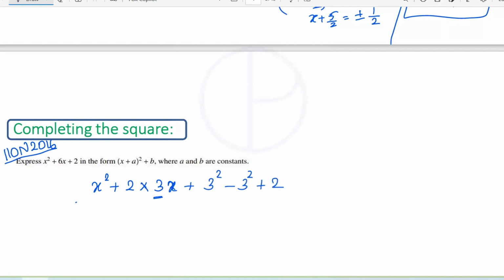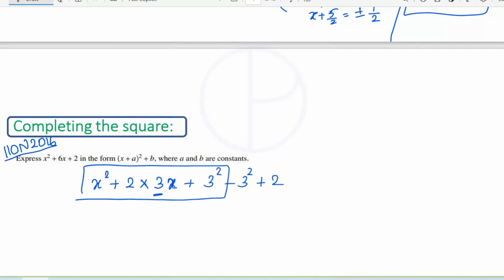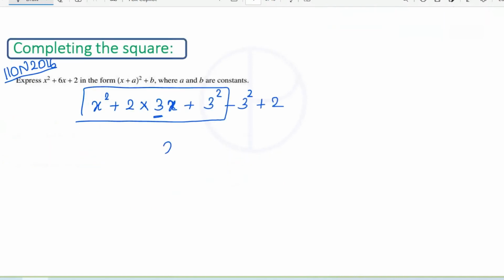Now combine these, we get x plus 3 the whole square minus 9 plus 2 will be minus 7. This is the answer. Easily you can score marks from this type of question.